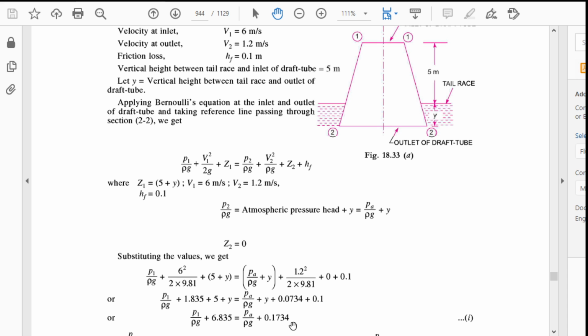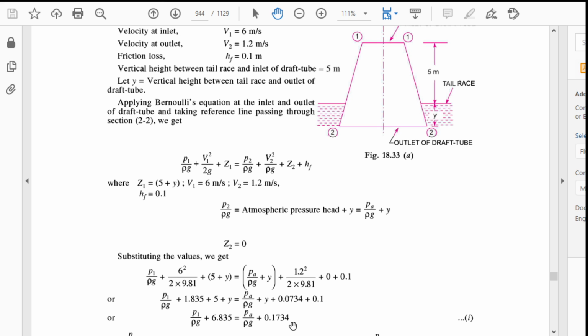If PA upon rho g is taken as 10.3 meters of water, which is a general value, then we will get P1 upon rho g as the absolute pressure head at the inlet of the draft tube. And if PA upon rho g, the atmospheric pressure head, is taken as 0, then we will get P1 upon rho g as the vacuum pressure head at the inlet of the draft tube.